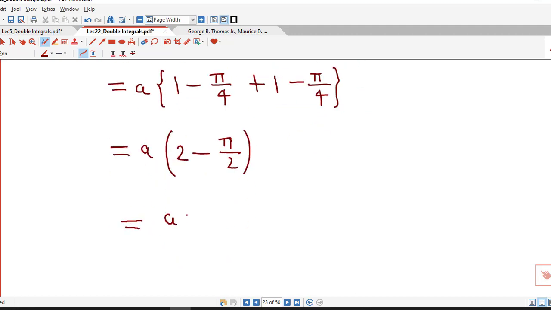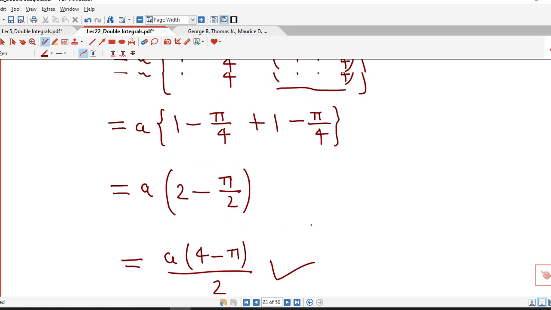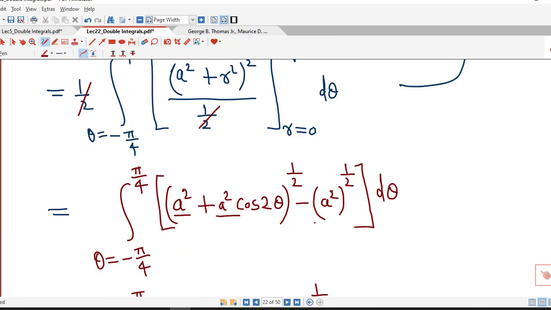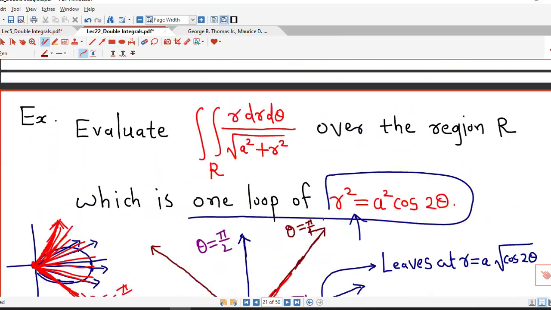And this we can rewrite as a into (4 minus pi) divided by 2. So this is the value of our double integral over one loop of the lemniscate.